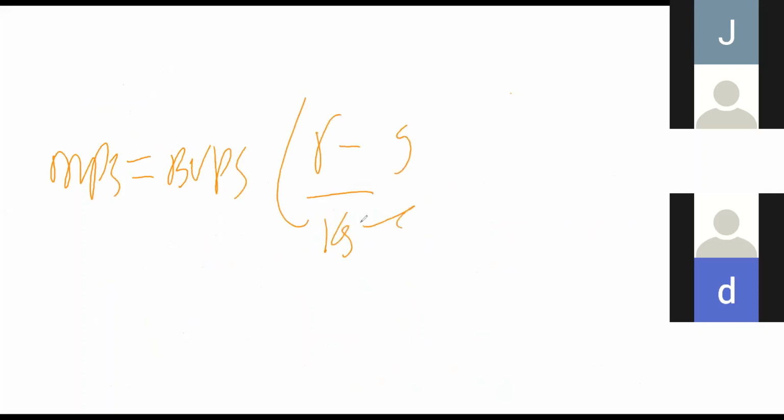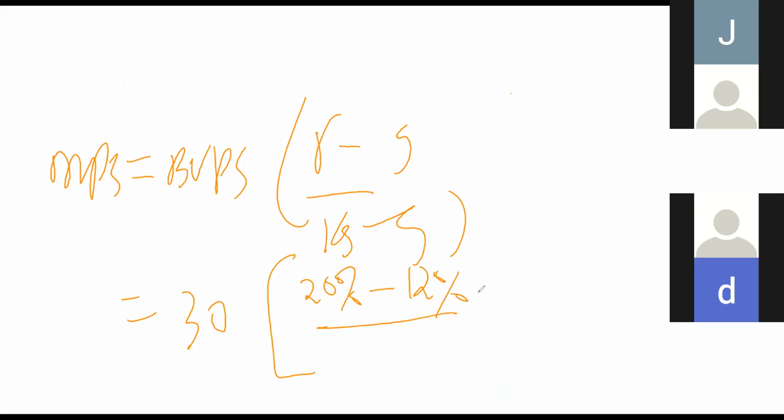What you're simply saying is that MPS is equal to book value per share times R minus G over Ks minus G. Book value per share is 30. Return on equity we found 20. Growth rate 12. Cost of equity? 10. That is not possible. Growth rate is 12. So we can work with 15.